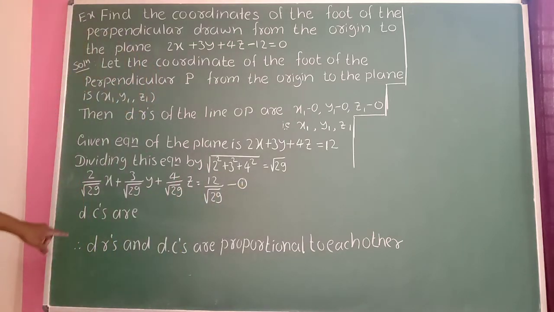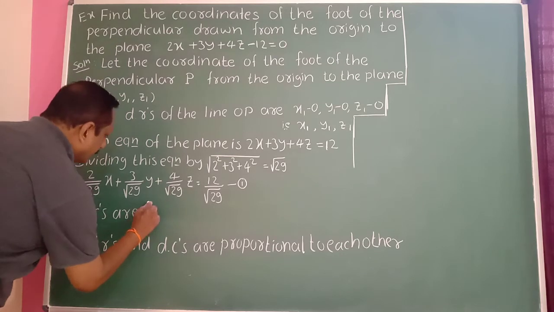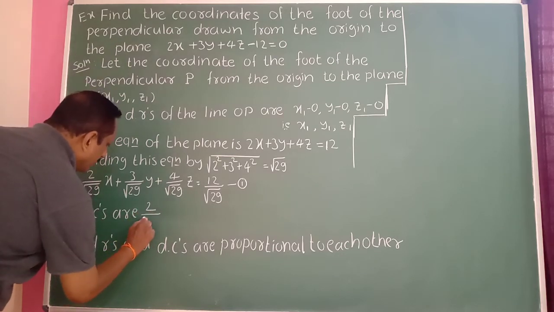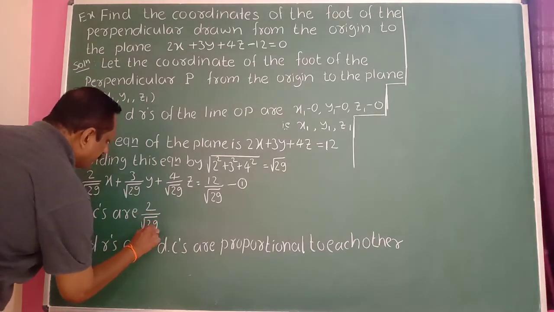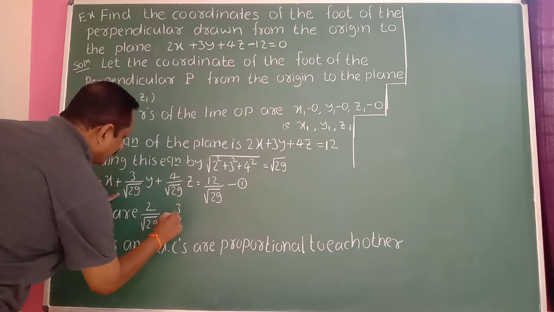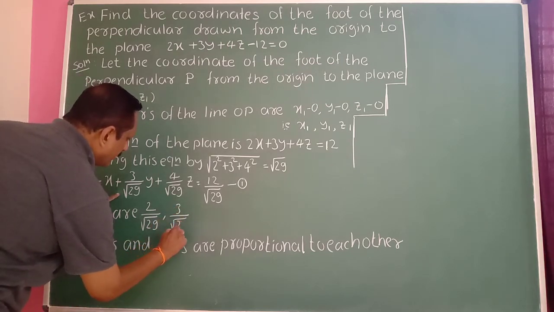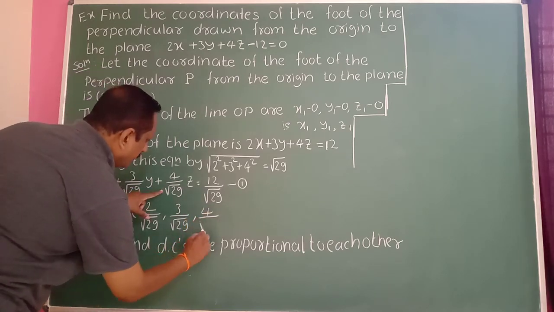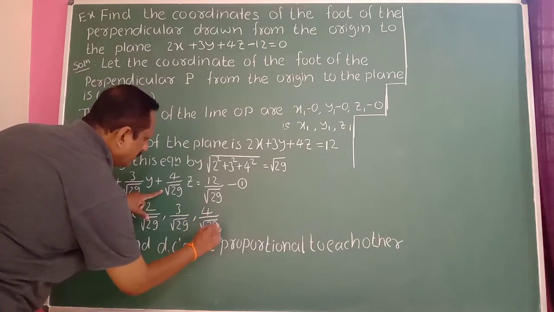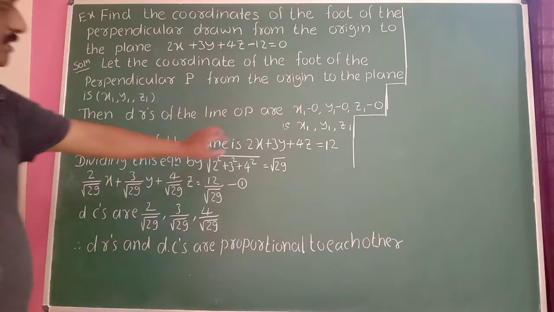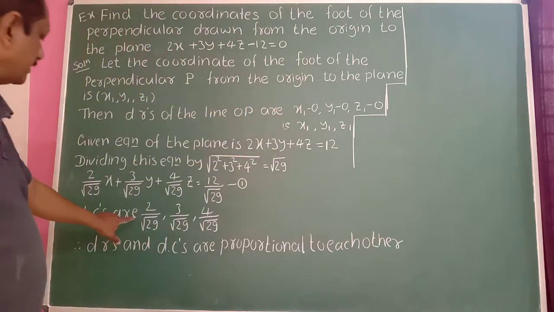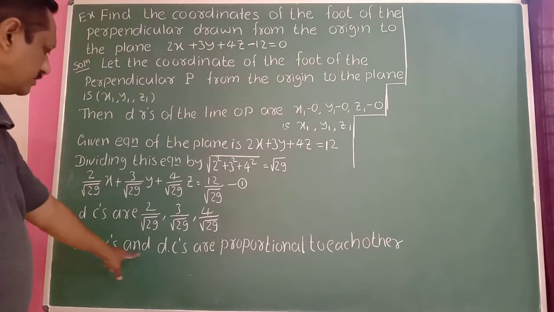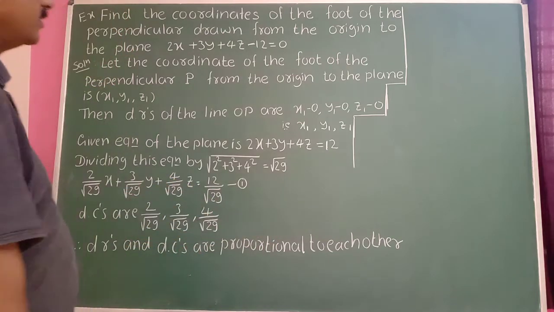The direction cosines are 2 by root 29, 3 divided by root of 29 and 4 divided by root of 29. So these are direction ratios, these are direction cosines here. Direction ratios and direction cosines are proportional to each other.